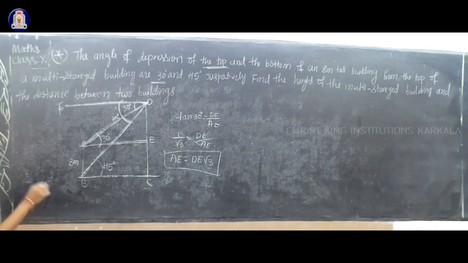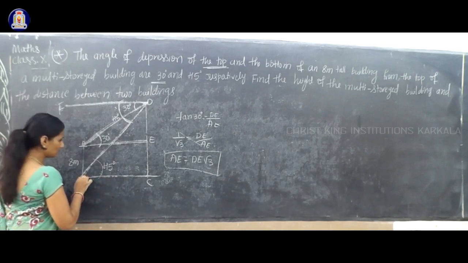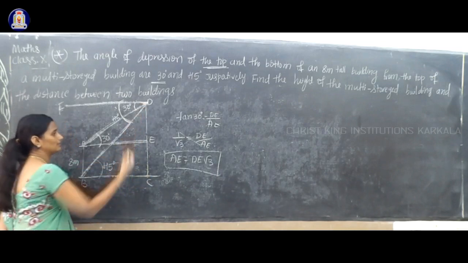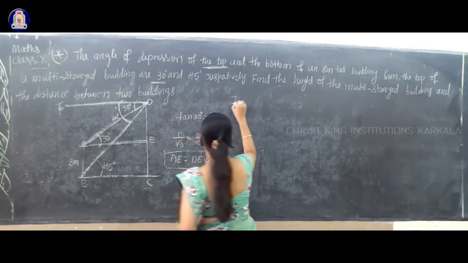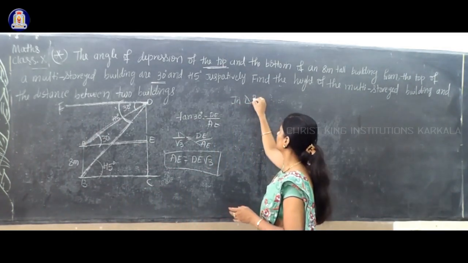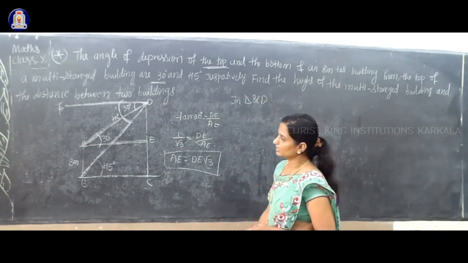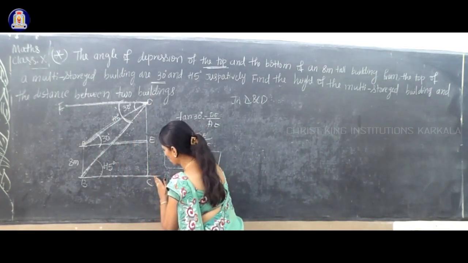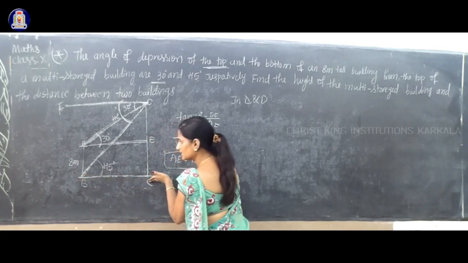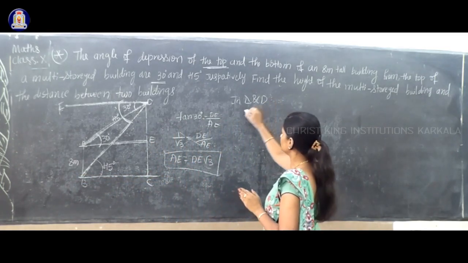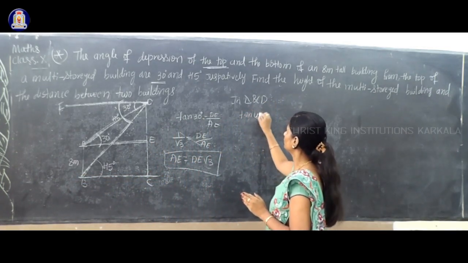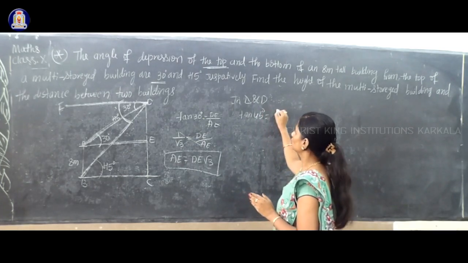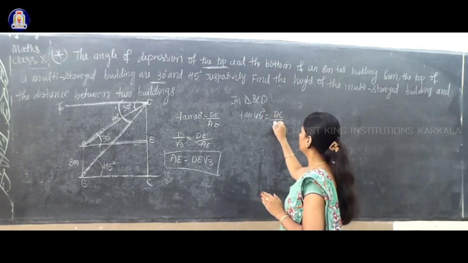So now can you identify the triangle? Yes. Which triangle is it? It is BCD. So in the right angle triangle BCD, this is the angle, so this is the opposite side, this is the adjacent side. Tan 45 degrees is equal to DC divided by BC.